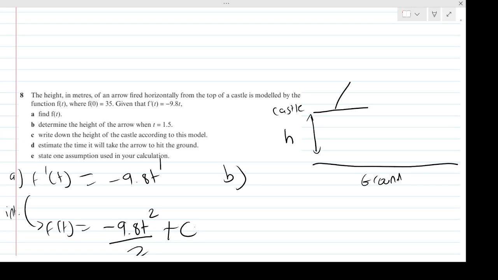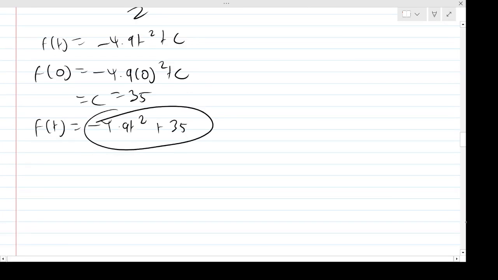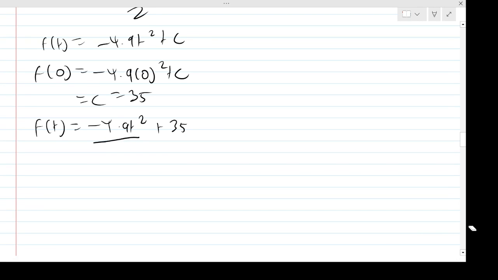Then an arrow is being fired in this sort of way, and then eventually it hits the ground. Okay, that's the whole idea. And it will look like a quadratic curve, right? And that makes sense because we've got a quadratic function here. So that's describing the trajectory of the arrow at time t seconds.